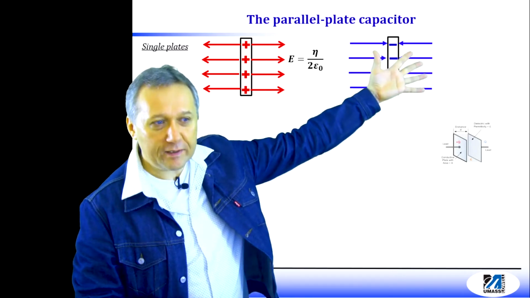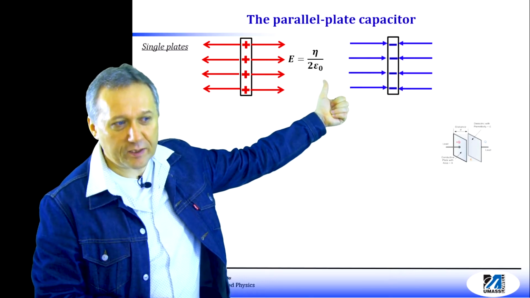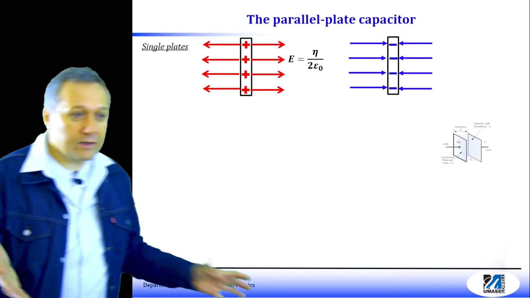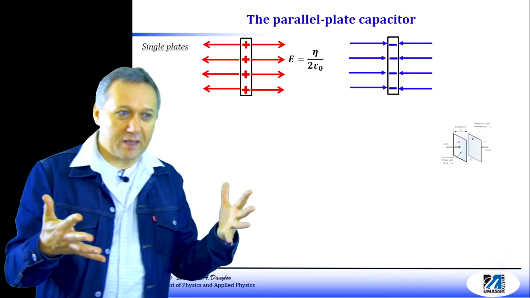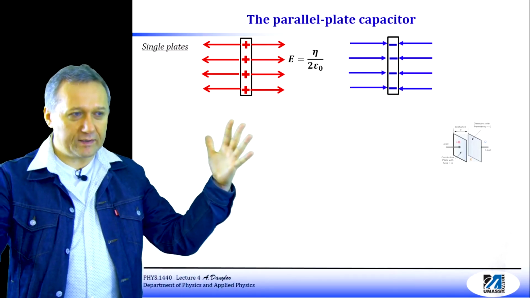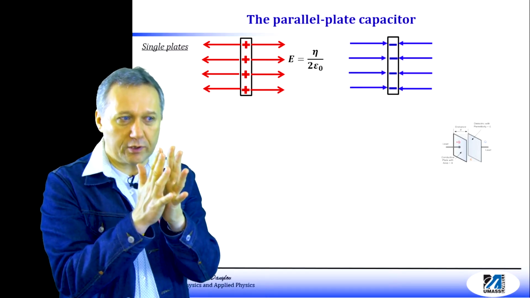Electric field strength can be described by exactly the same formula, eta divided by 2 epsilon naught. And now the next logical step: what if we take these two isolated plates and bring them very, very close to each other, without touching?